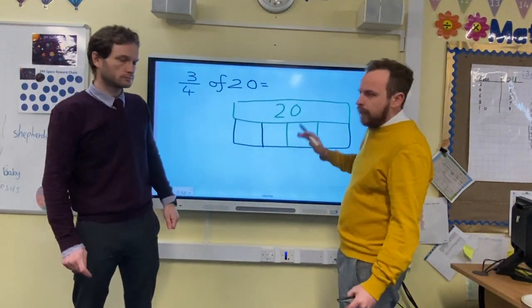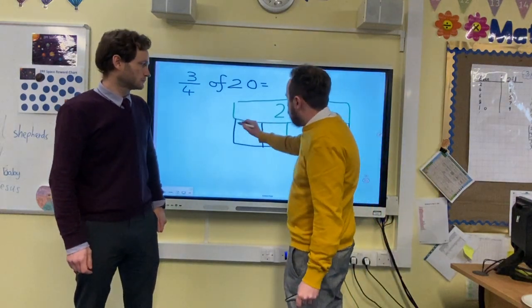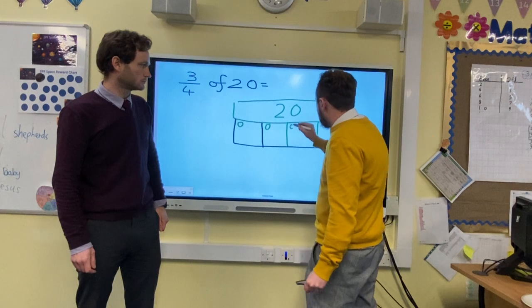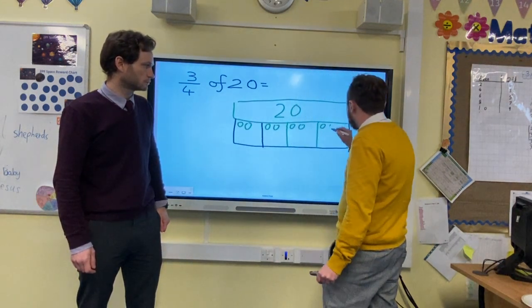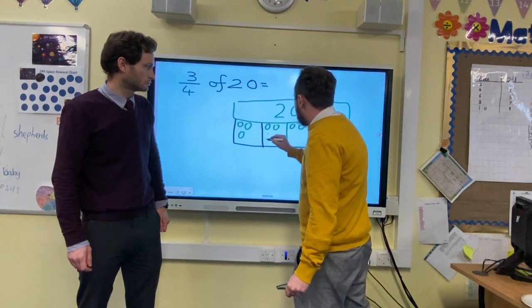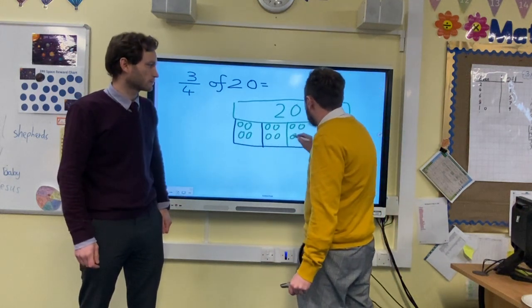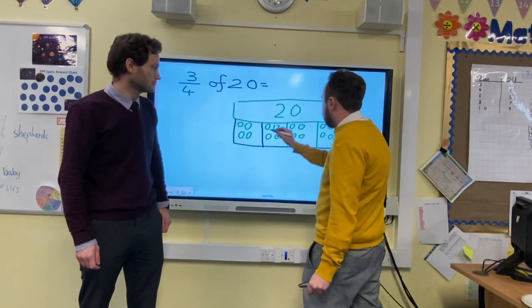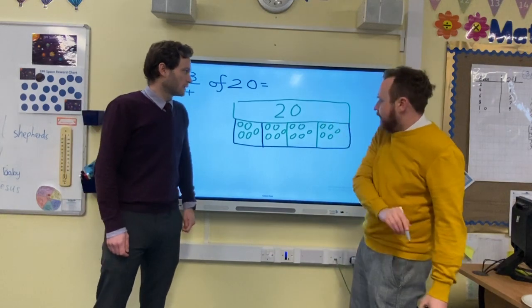Okay, so I now need to share my 20 sweets between those 4 plates. So 1, 2, 3, 4, 5, 6, 7, 8, 9, 10, 11, 12, 13, 14, 15, 16, 17, 18, 19, 20, and I need to stop there.